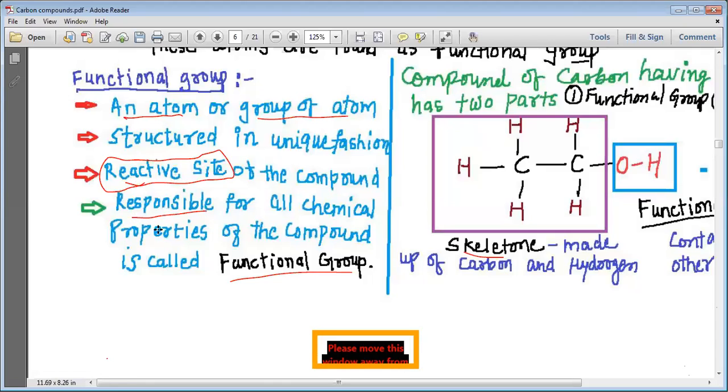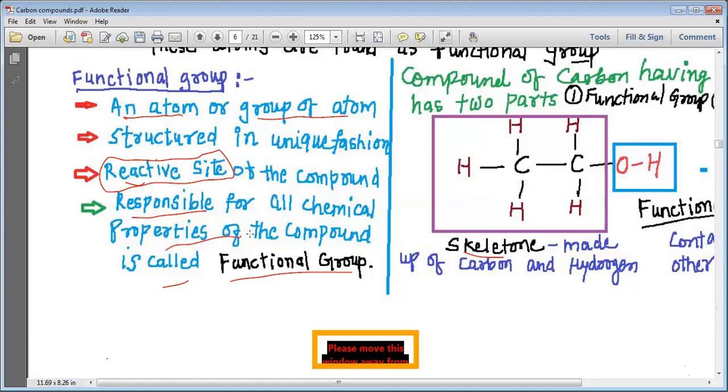And then the next point is responsible for all chemical properties of the compound. So this functional group is responsible for all the chemical properties of the compound, because all compounds having the same functional group will have the same chemical properties. We can say that the functional group is responsible for all chemical properties of the given compound.